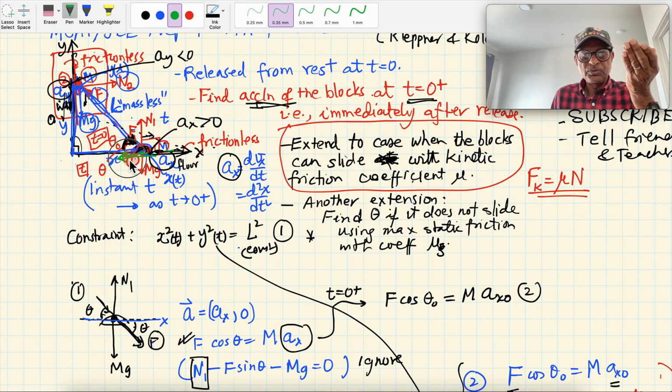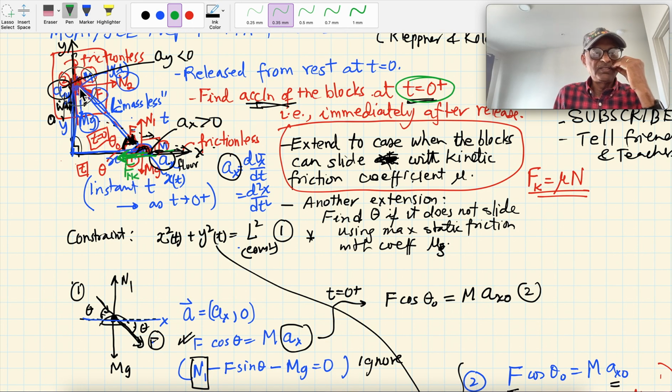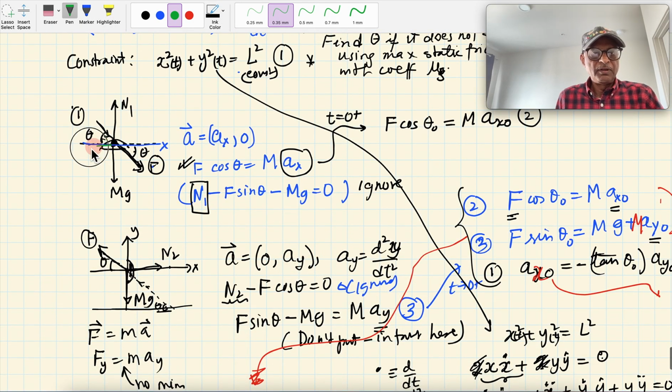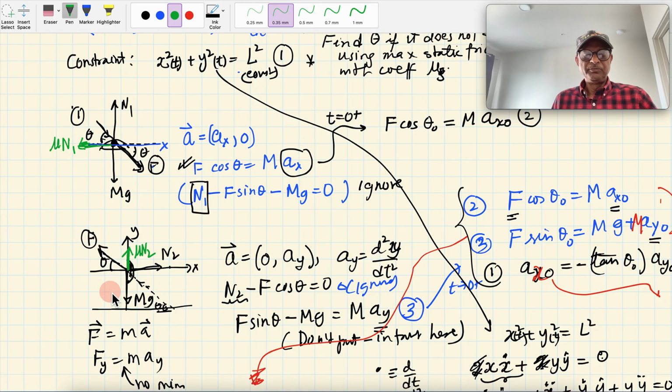So at t0 plus, friction f1k will be like that, and since this guy is going to be moving this way, the friction fk will be like that. Coming down here, mu N1 will be like that, and mu N2 like that.